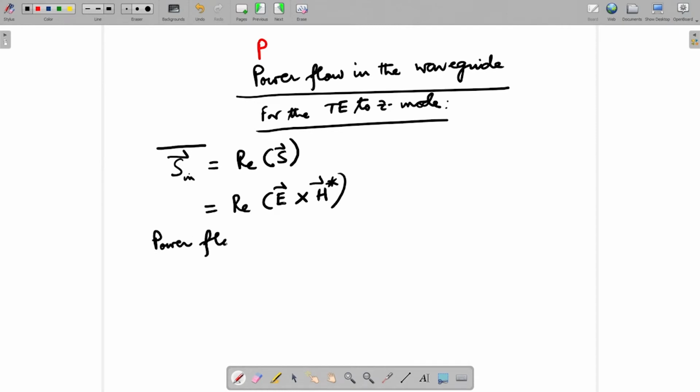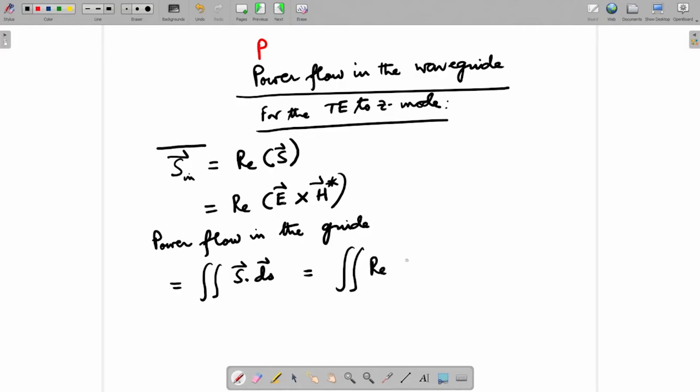And therefore, power flow in the guide is double integral S dot d s, that is double integral real part of E cross H star dot dx dy.